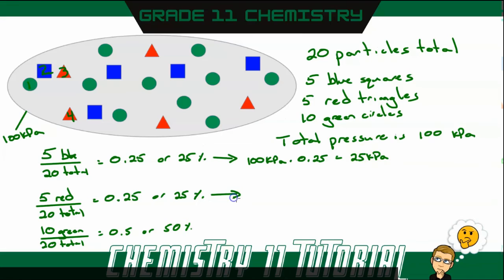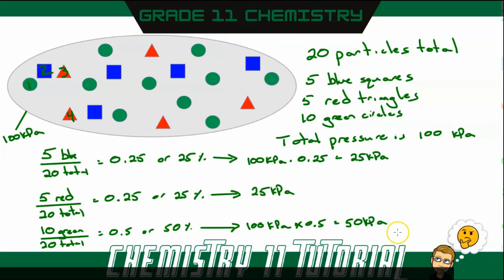We can do the same thing for our red triangles, which is the same percentage, so we get 25 kilopascals. And for our green circles, which is 50%, 100 kilopascals times 0.5 is 50 kilopascals.